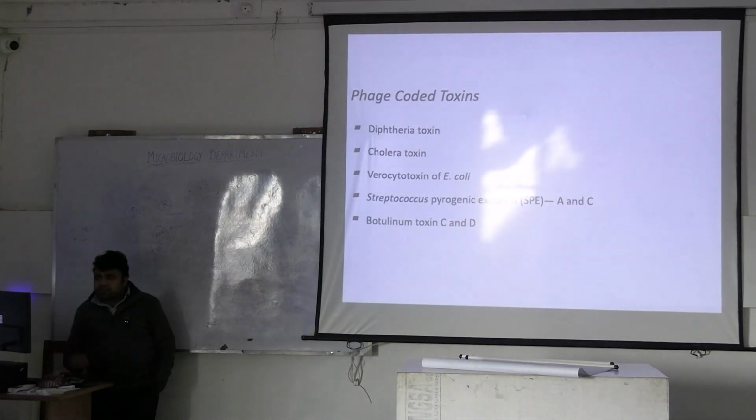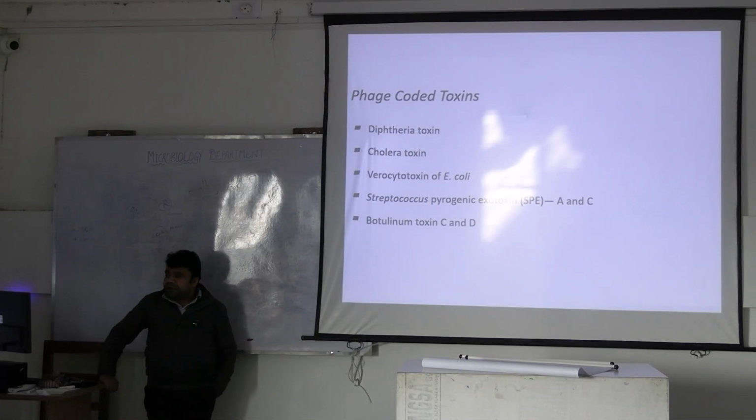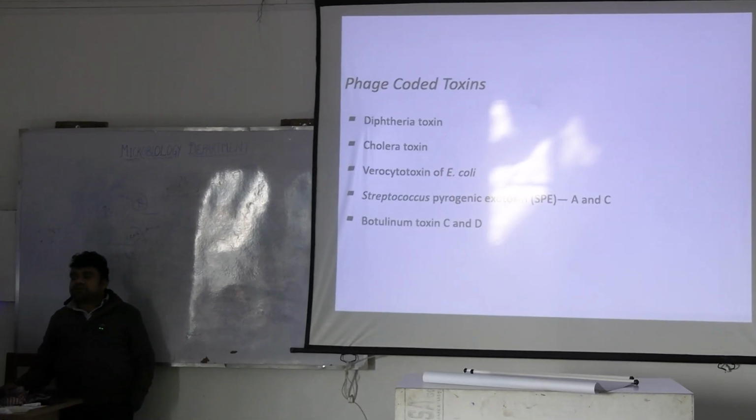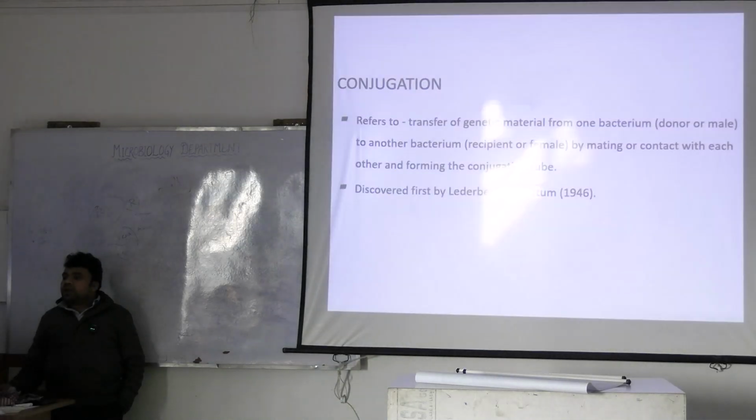So these are a few examples. I have already given you the example of diphtheria. Similarly, other diseases like cholera, gastroenteritis by E. coli, Streptococcus pyogenes infections, and botulism, which is caused by the botulinum toxin. So these are commonly phage-mediated toxins.